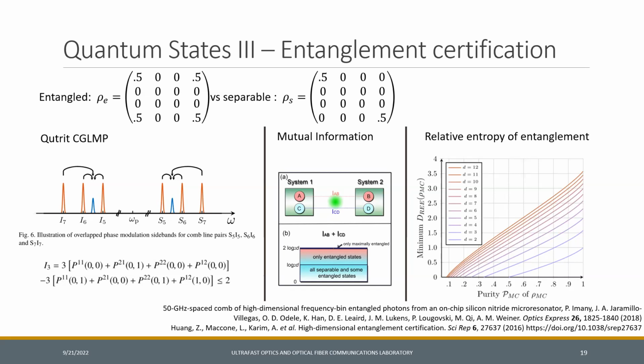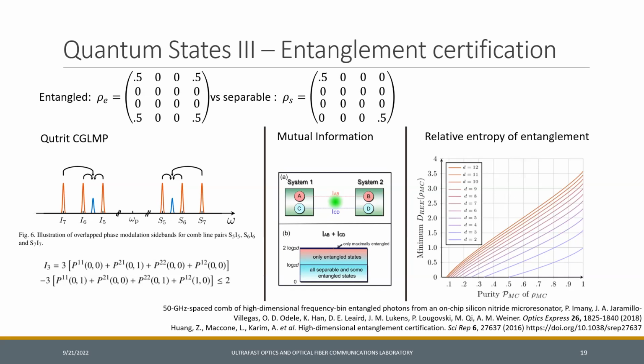Combining that information with just one fairly challenging, but still not the worst measurement that you have to do, which is measuring the purity of a system state, which there are ways you could do that, even though intuitively you might not think that you could at first. We have a way of certifying a minimum amount of relative entropy of entanglement of the system. And so for more and more pure states, you can generally certify higher and higher relative entropy of entanglement.